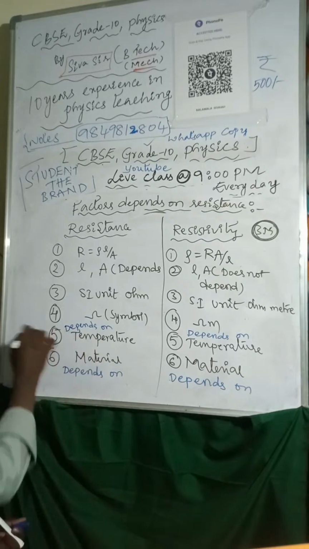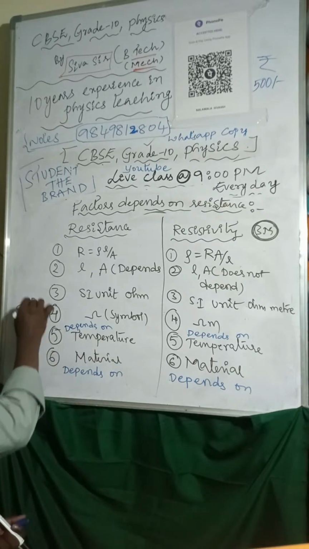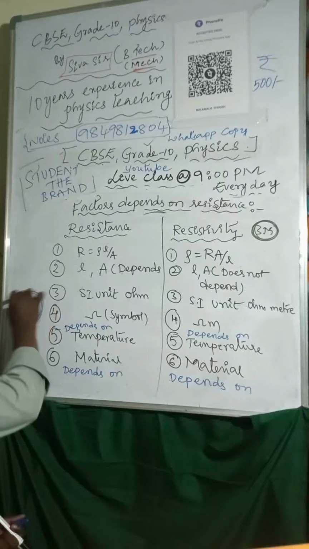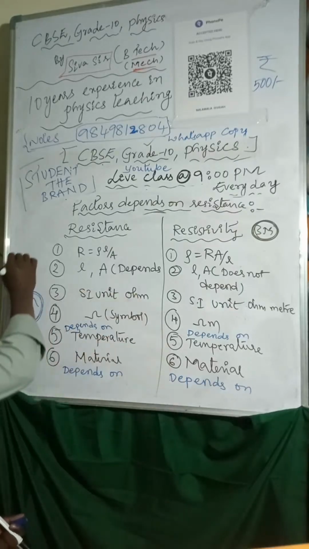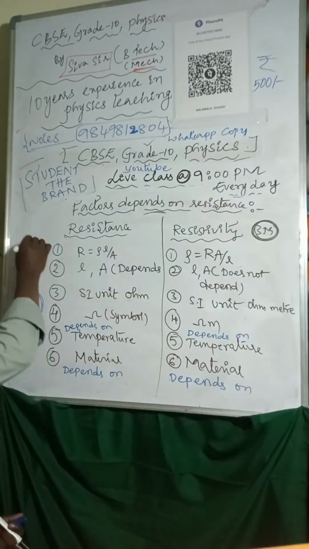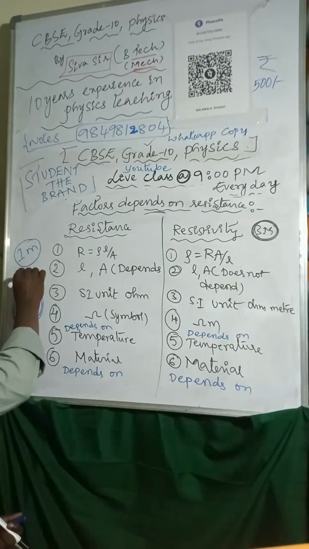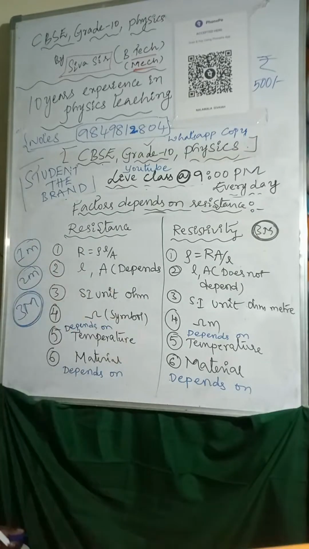Very, very important 3 marks question. There are many points here. A 1 mark question may come for the exam, a 2 marks question may come, or a 3 marks question. That much important is this concept.